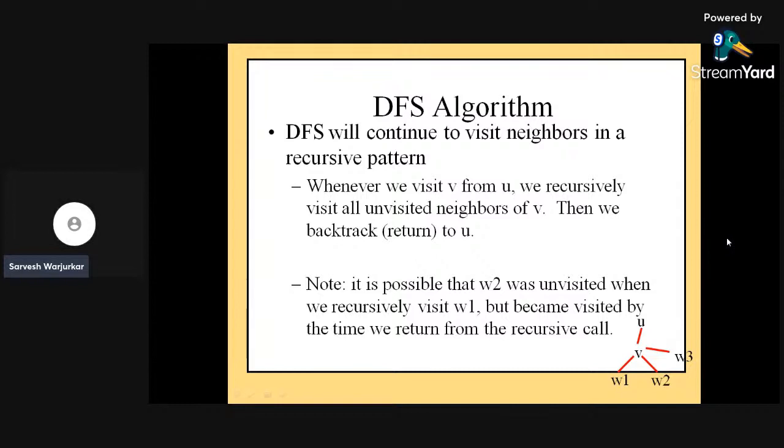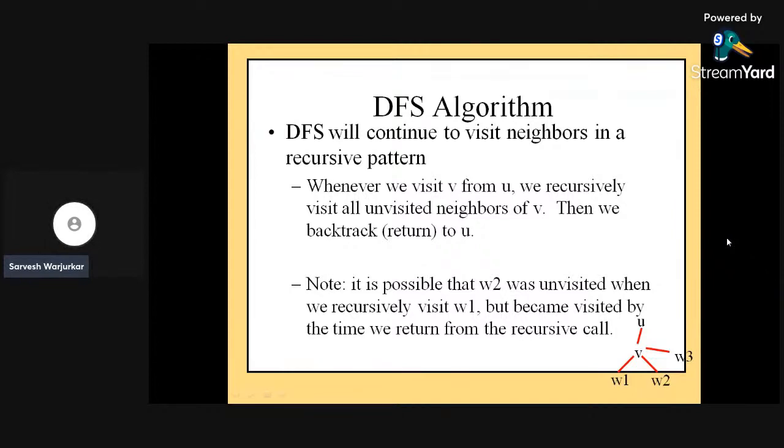With the help of backtracking, we can visit the other unvisited nodes from that V itself. It is possible that W2 was unvisited when we recursively visit W1, and that becomes visited. At that time we return from the recursive call.